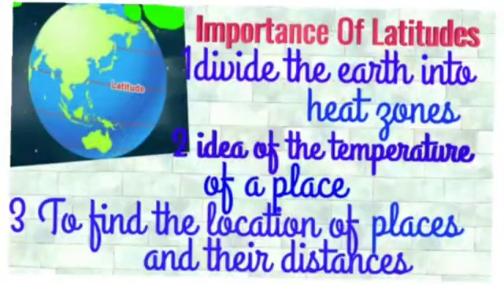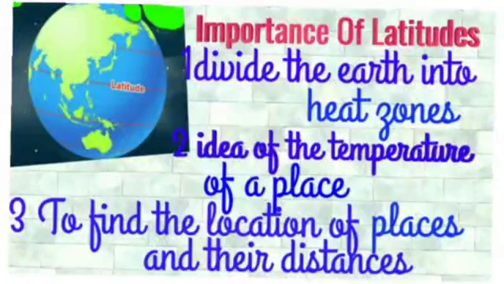The next topic that we are going to revise is the importance of latitudes. Latitudes help us to determine the location of places and their relative distances. We can also divide the earth into heat zones with the help of latitudes.